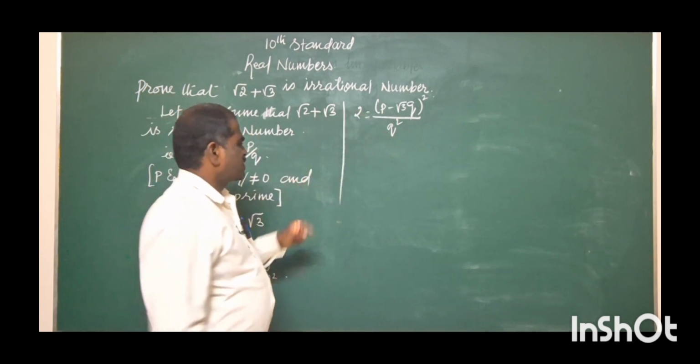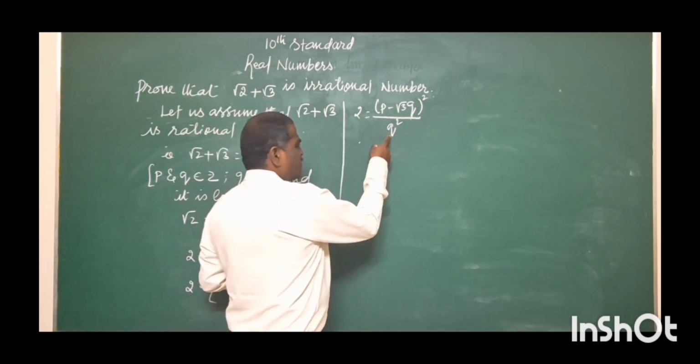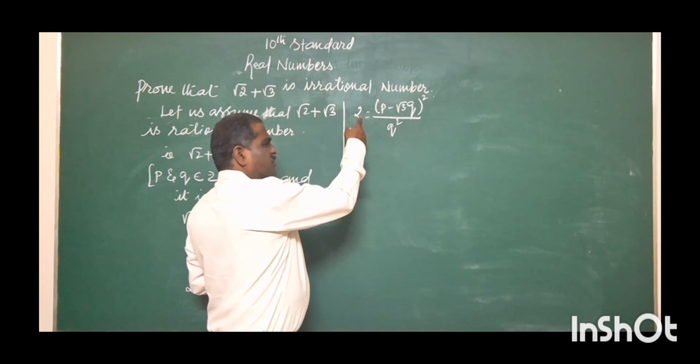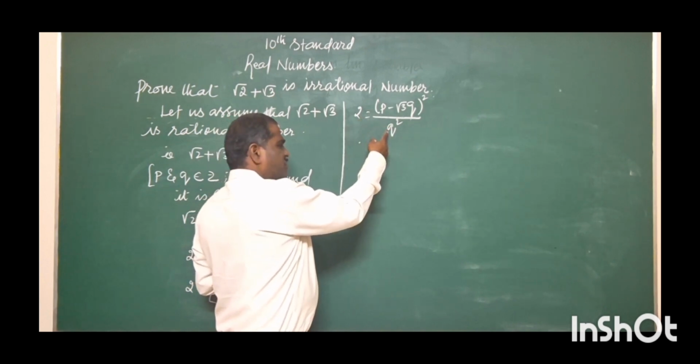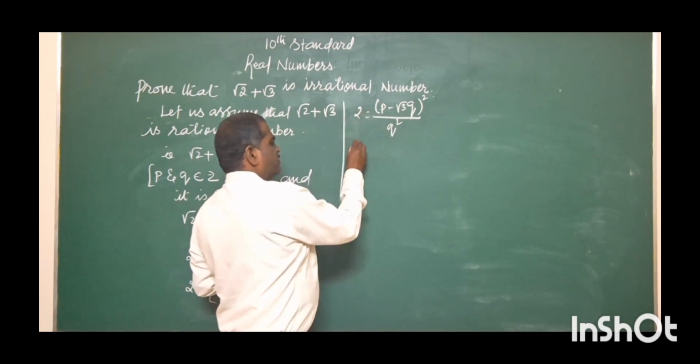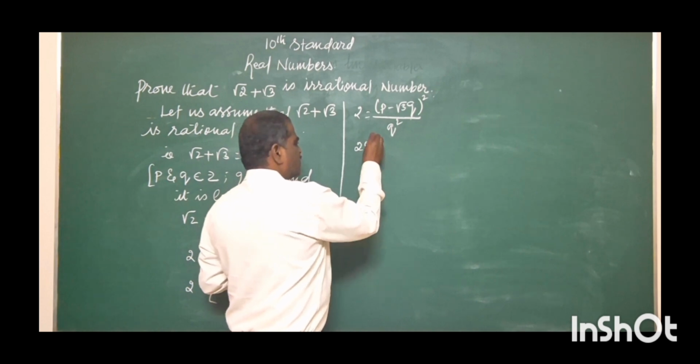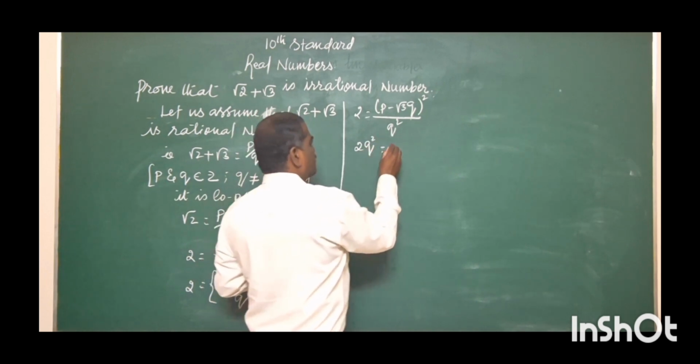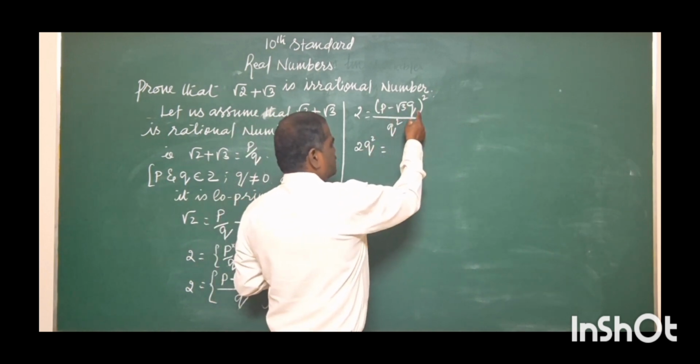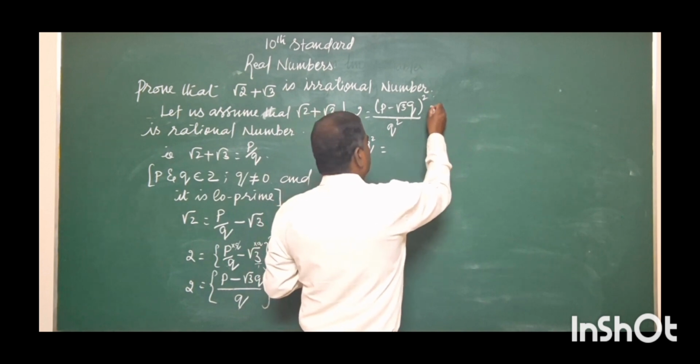Take this value to the left hand side. When you take the denominator to the left hand side, that is a division, so it will multiply. So 2q square is equal to, this one we will expand.